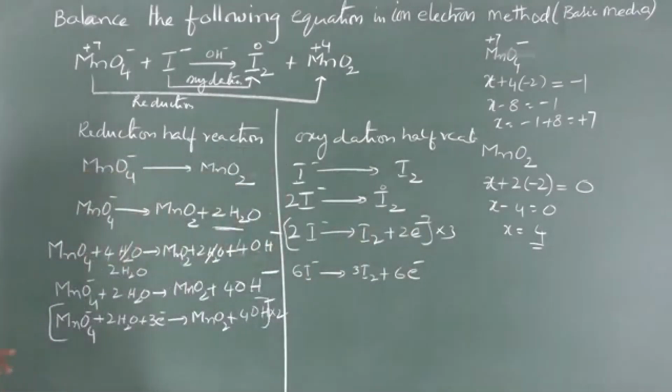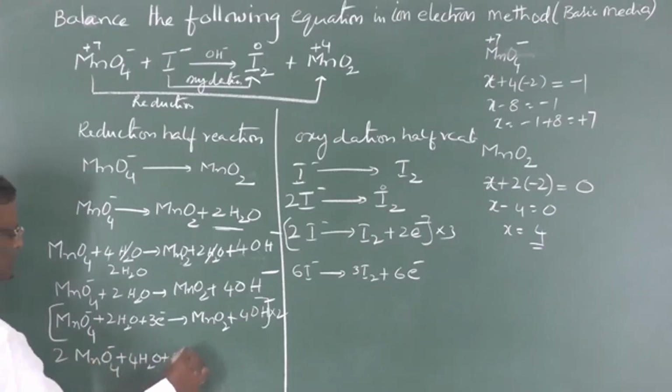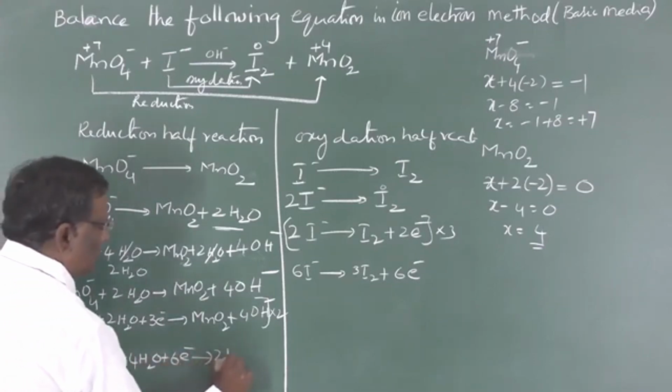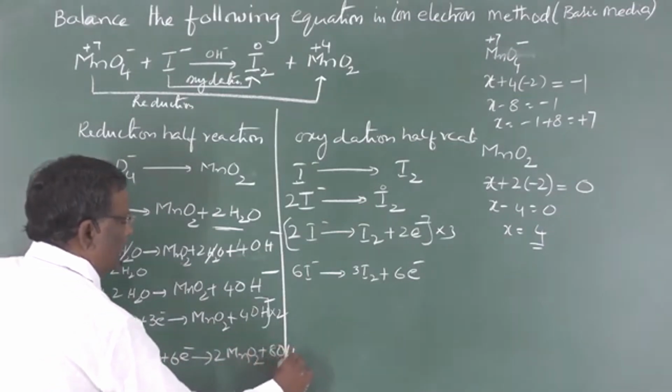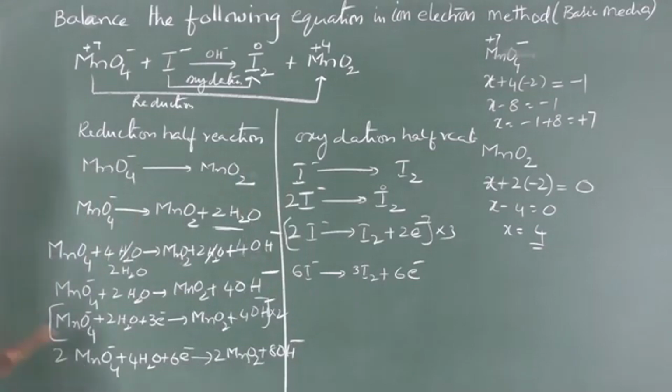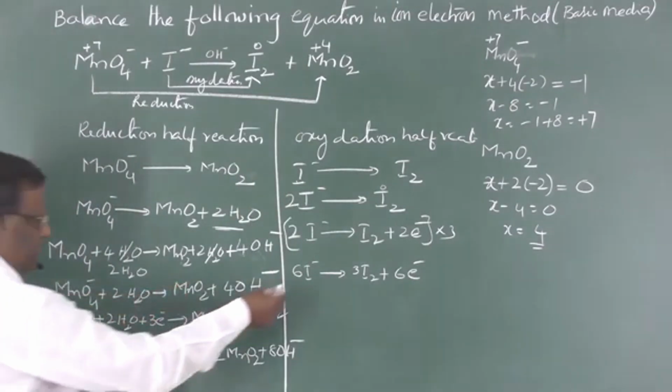Here if you multiply this with 2, you will get 2MnO4 minus plus 4H2O plus 6e minus gives 2MnO2 plus 8OH minus. Now let us add these two equations. First the reactant side.